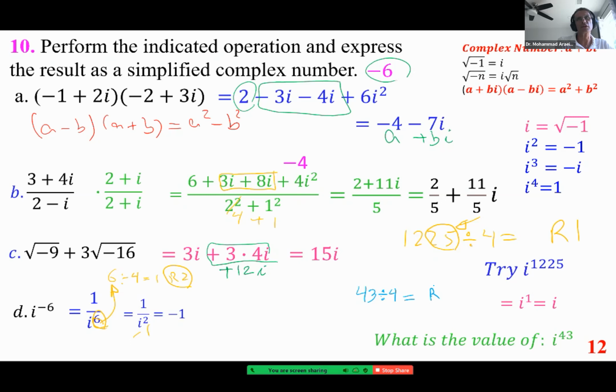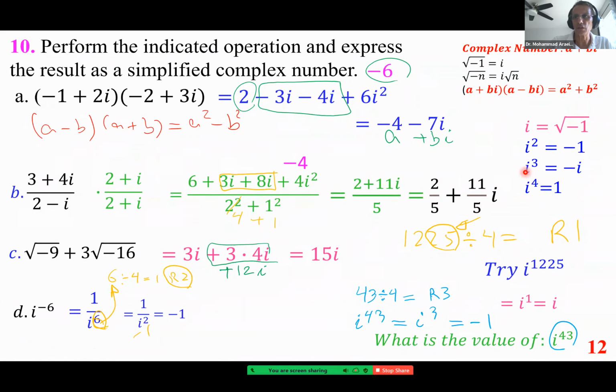You know 40 is divisible by 4, so the remainder is 3. Therefore, i to the power of 43 is the same as i cubed. And i cubed, we should know it's -1.